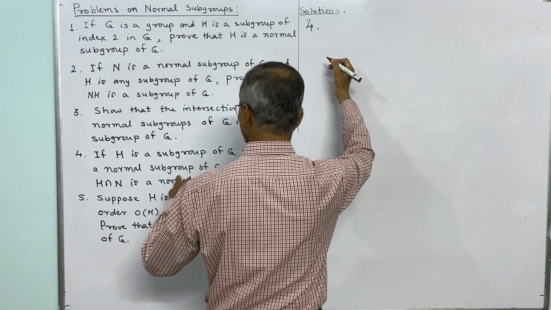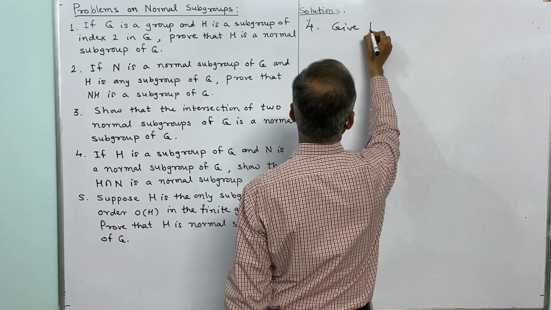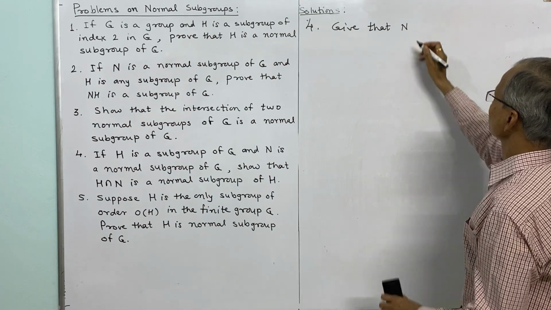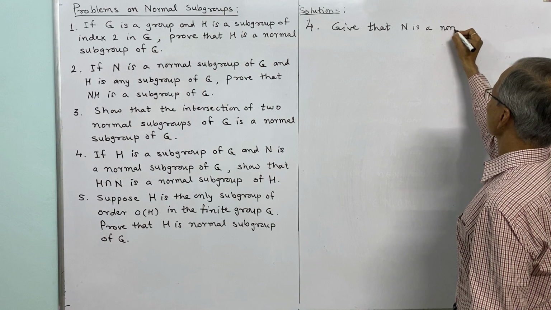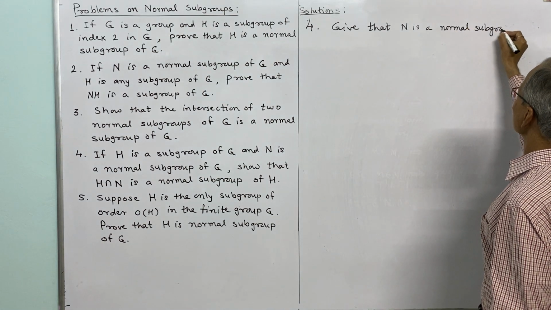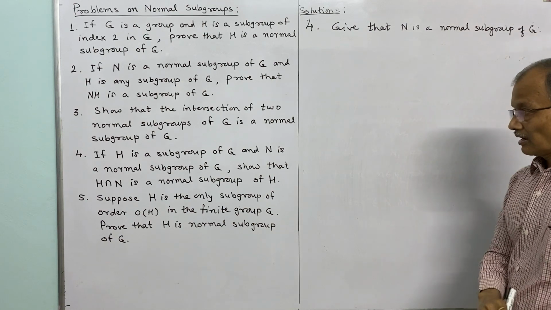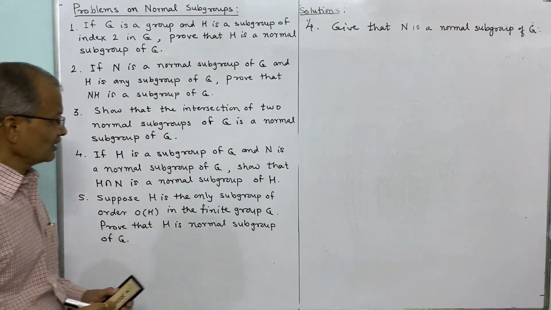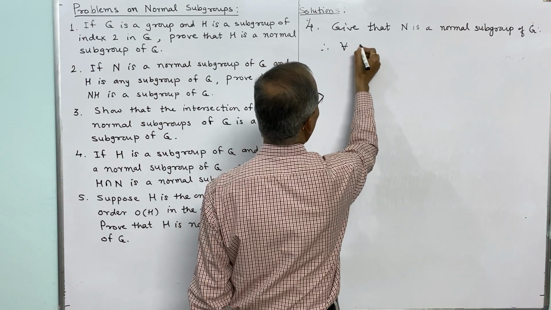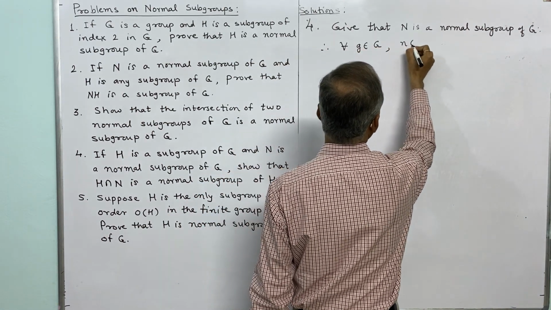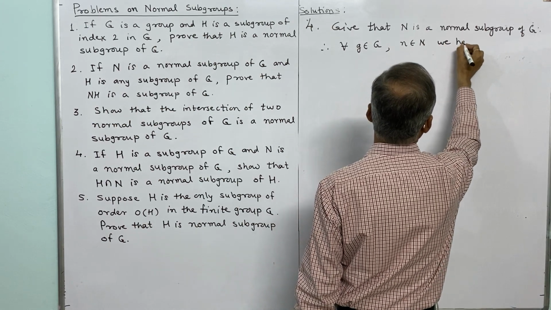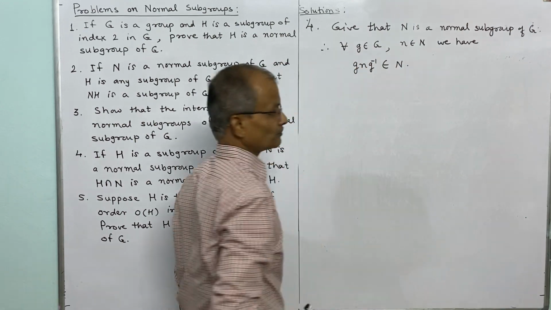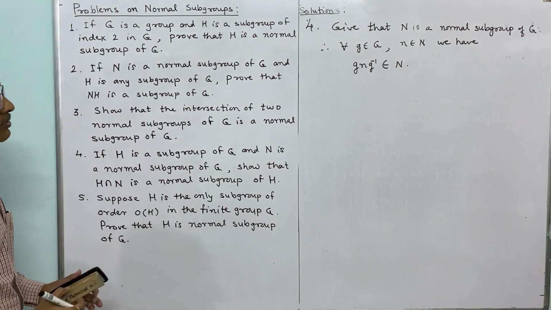Given that N is a normal subgroup of G, therefore for any element g in G, we will have g n g inverse in G. Therefore, for all g belongs to G, n belongs to N, we have g n g inverse belongs to N. That is the definition of normal subgroup.